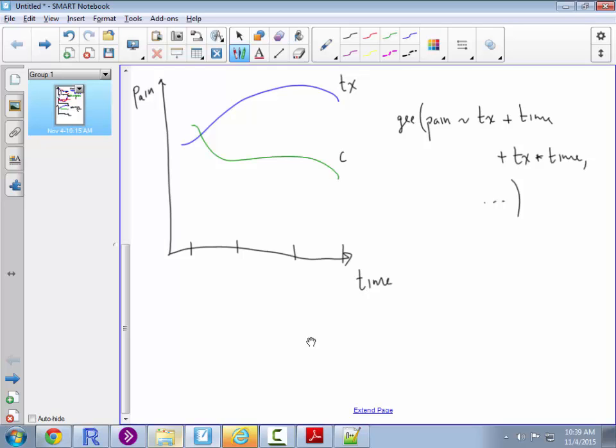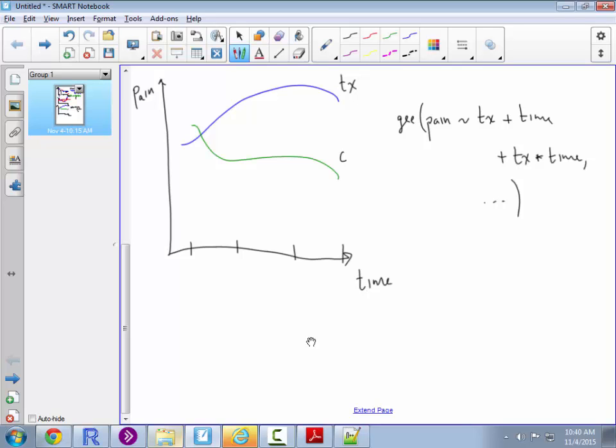So then what you could do, you fit that model, you have some treatment that you're assessing for the pharmaceutical company, say, and you might ask, a scientific question would be, is there a treatment effect? How do you test, is there a treatment effect now? You have these 2 curves. What do you mean by, is there a treatment effect?